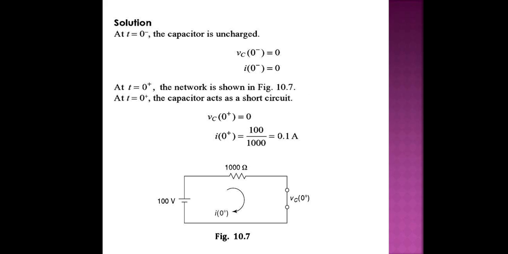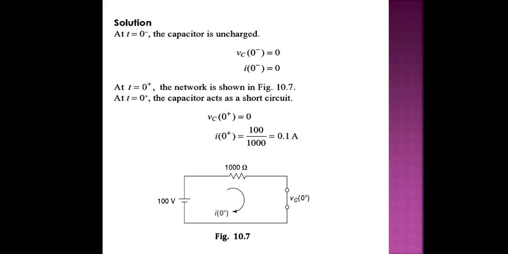At t equal to 0 plus, the network is shown in figure 10.7. Just observe that at t equal to 0 plus, the capacitor acts as a short circuit, right? Previously it was open circuit, that's why there was no current passing through the circuit, and I of 0 plus was 0. But here it has some value because it is short circuited and forming a closed circuit.